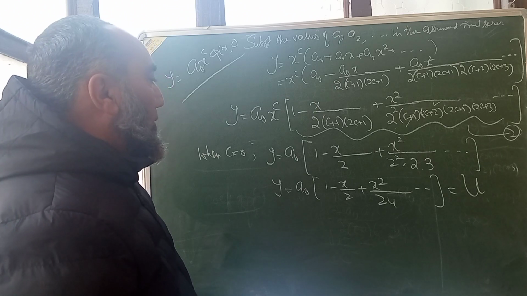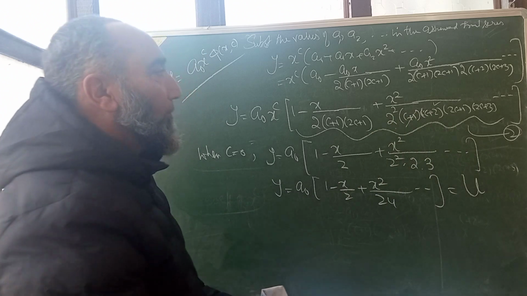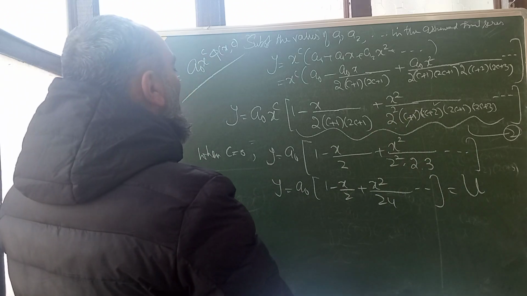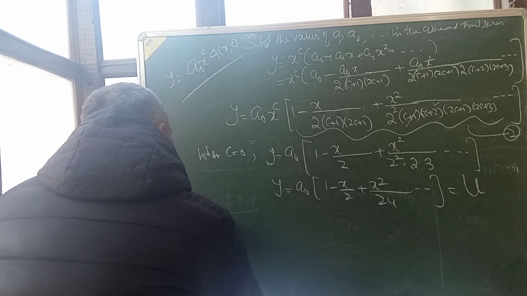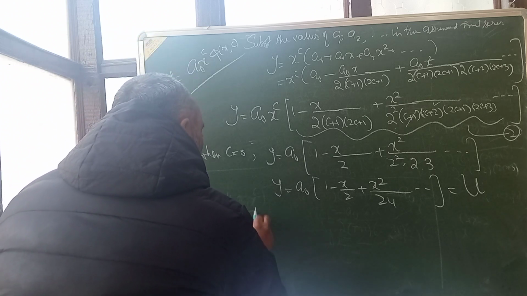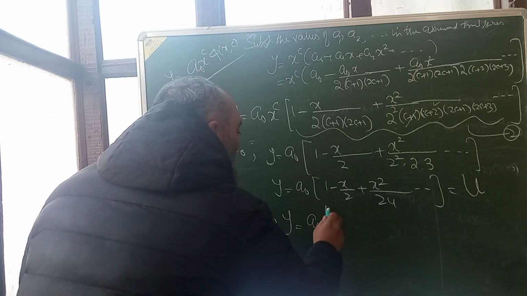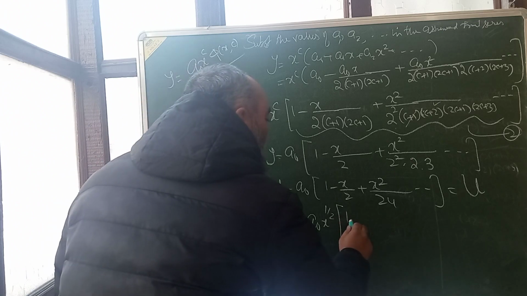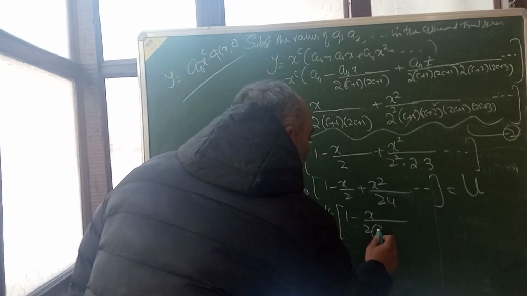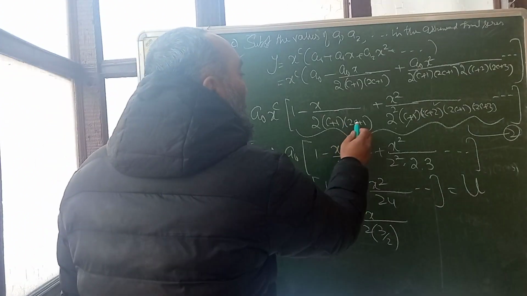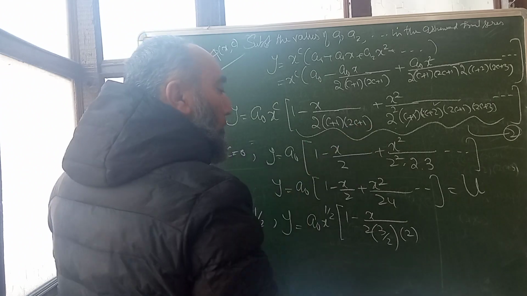Fine. For c equal to 1/2, you will get another solution. This is a series, you see. When c is equal to half, your y is from this, a0 x raised power half, 1 minus x upon 2, 1 by 2 plus 1, it is 3 by 2. Then 2 into 1 by 2 is 1, 1 plus 1 is 2.